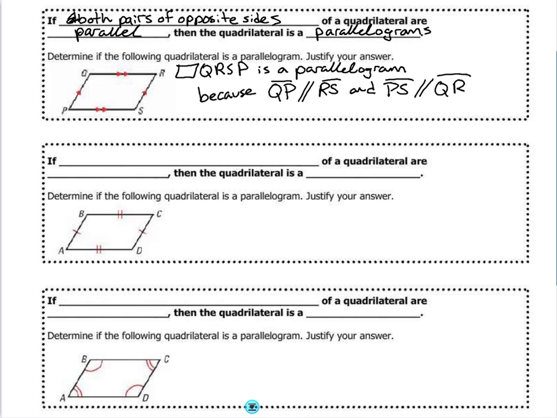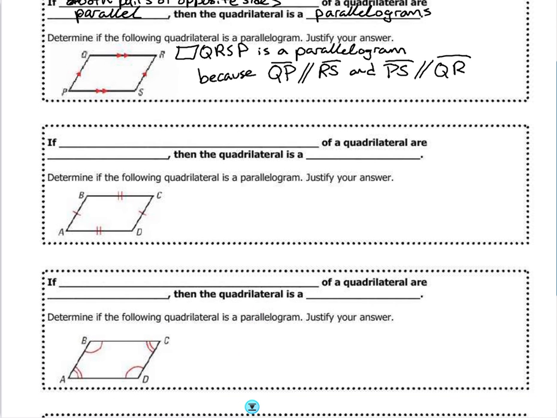One of our other properties said if both pairs of opposite sides of a quadrilateral are congruent, then that quadrilateral is a parallelogram. So now we have a picture of a quadrilateral ABCD.